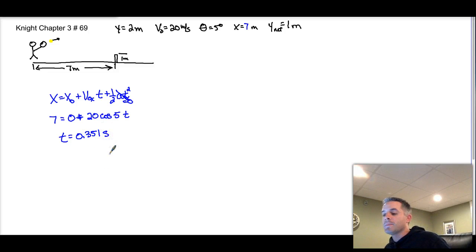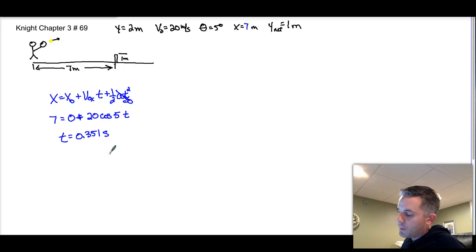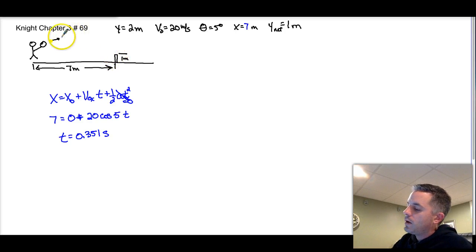So now we know the time, and that's really helpful. So what we would like to do now is find out, does the ball hit the net? Right? So what I want to know is how far off the ground the ball is when it gets to the net. So where is it when it reaches the net?